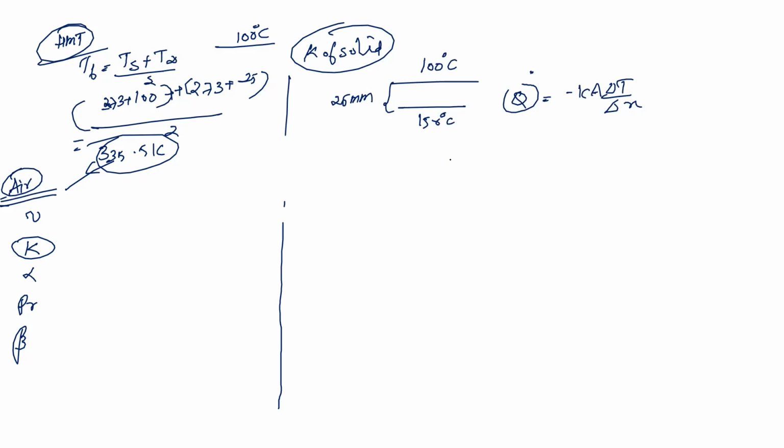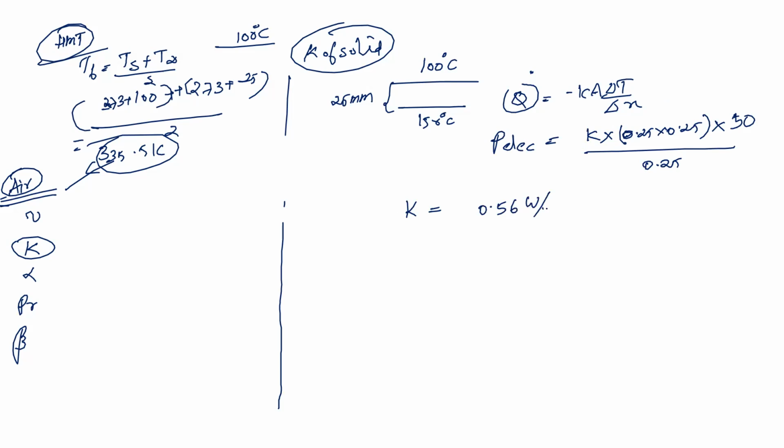So Q dot, that is P electrical power, is equal to K into A. A is actually 0.25 into 0.25, its area, with 25 mm thick and width. So delta T is 50 and delta X is along the height. So we can simply determine the thermal conductivity, which is 0.56 watt per meter Kelvin, less than 1, for that sample solid.